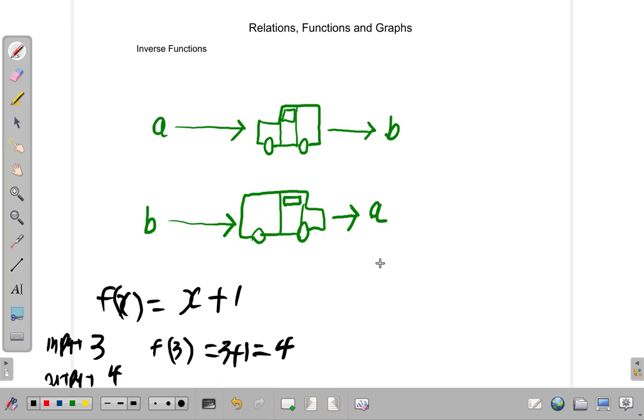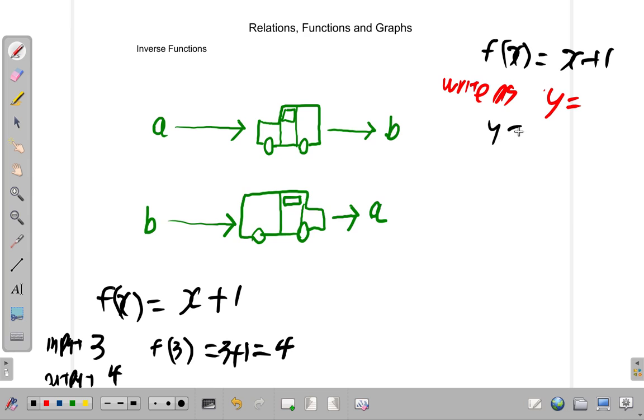Now, what I want to do is find the inverse of this function. Our function is f of x equals x plus 1. How do you find the inverse of a function? You write it as y equals instead of f of x equals.